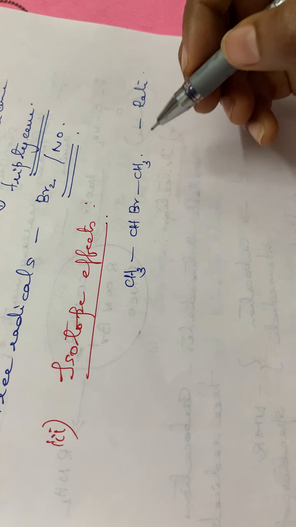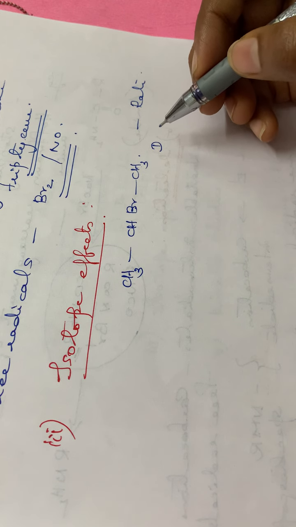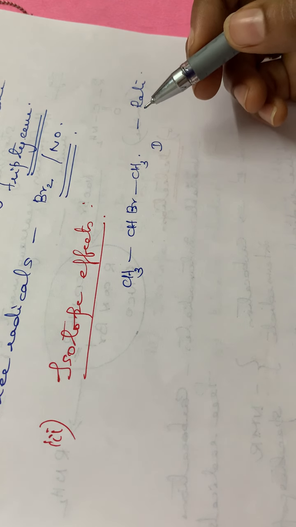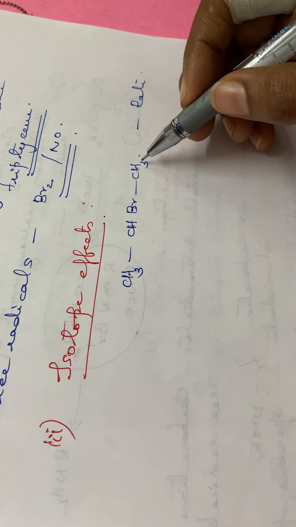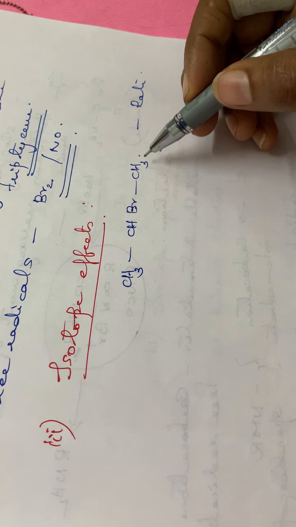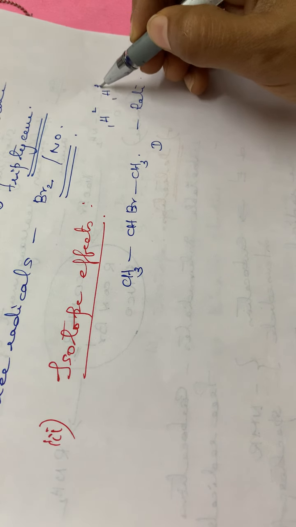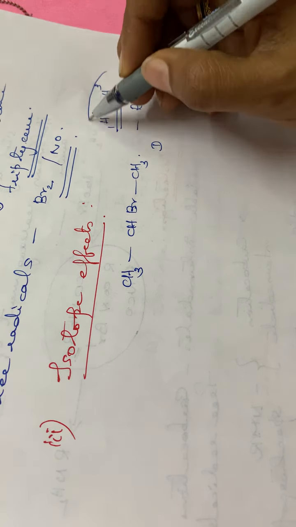And suppose if I am replacing these 3 hydrogen atoms with 3 deuterium atoms, that is, we are replacing hydrogen by its isotopes. We can replace this hydrogen atom with deuterium or tritium, H2 1 or H3 1. Okay, instead of protium, we are replacing it with deuterium or tritium.